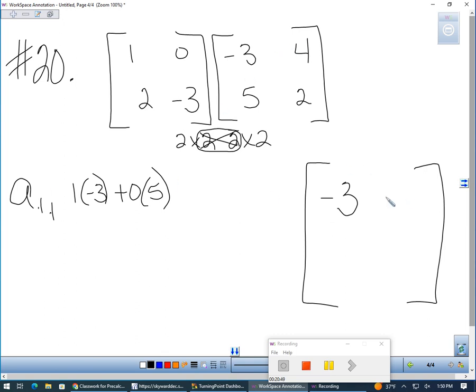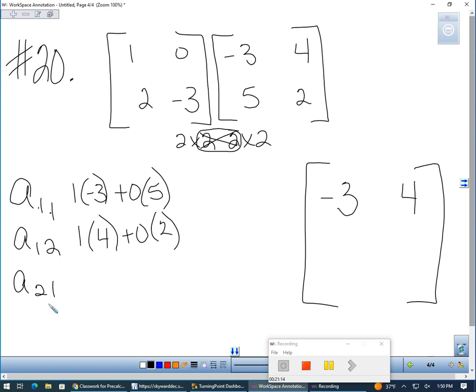This spot right here is the A12 spot, which means I'm taking row 1 and column 2. So that's 1 times 4 plus 0 times 2. That's 4, right? Okay, this spot is the A21 spot. So that's going to be row 2, column 1.